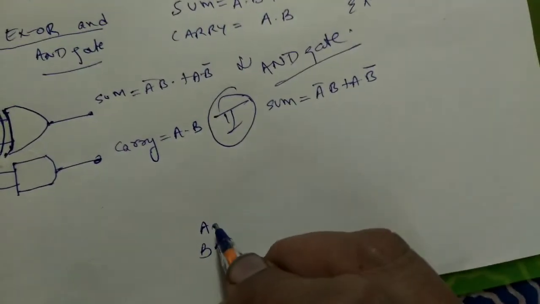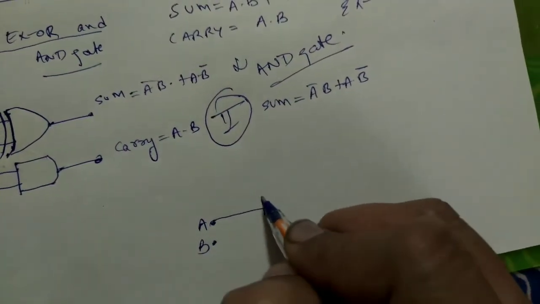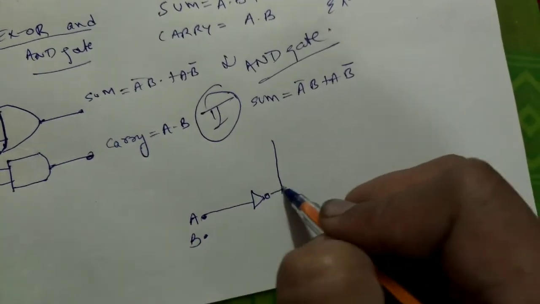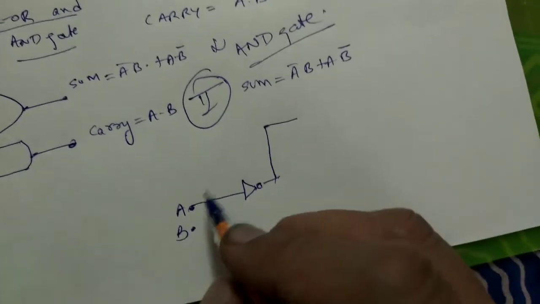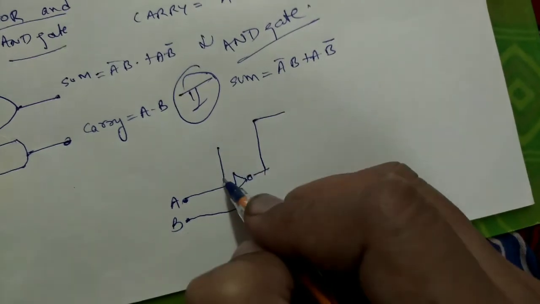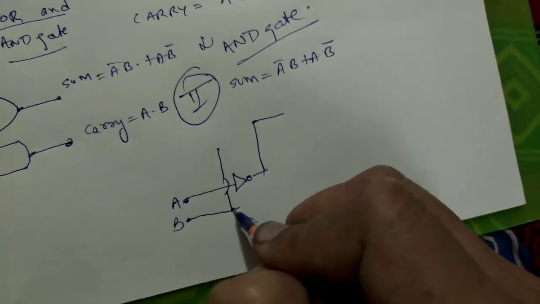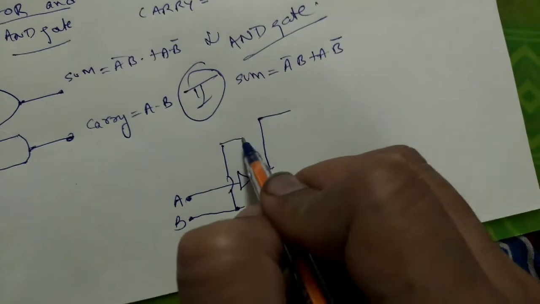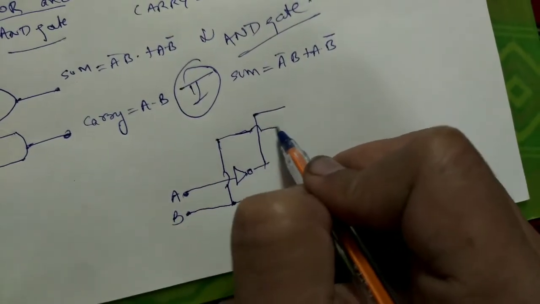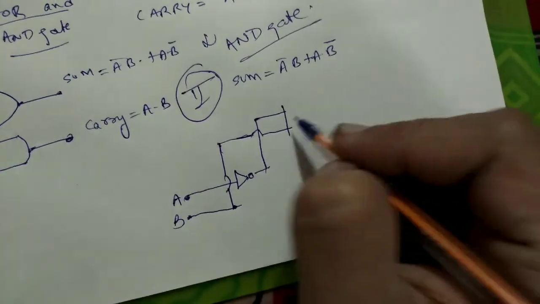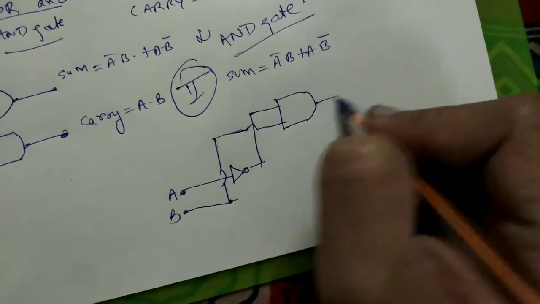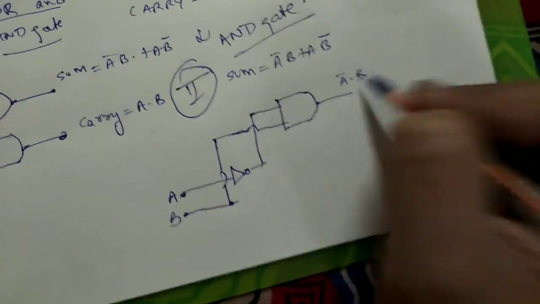So I am taking this, a bar into b. Here I am taking a bar into b. This is a bar into b.